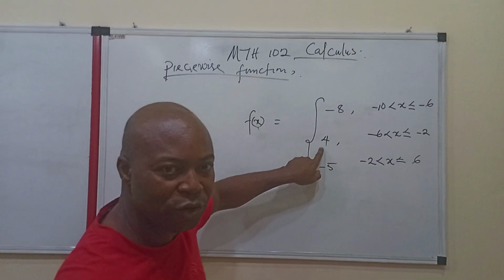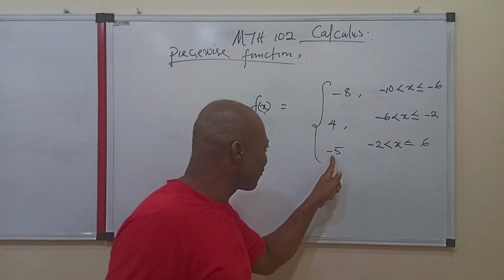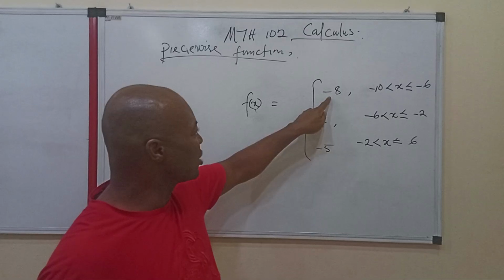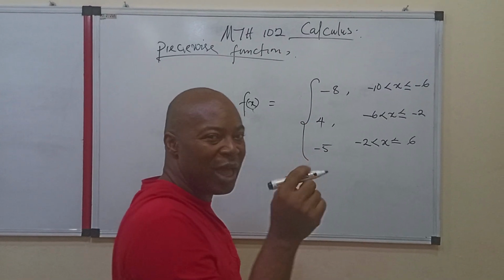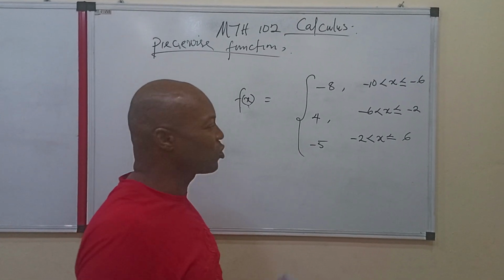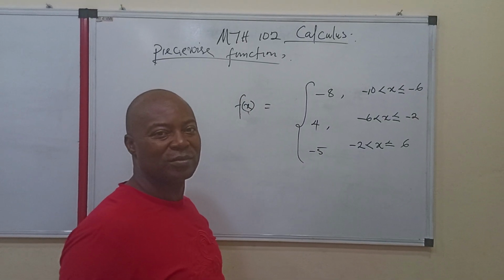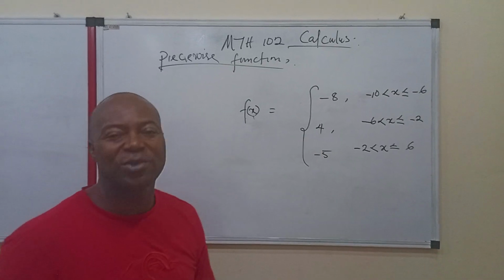This one sef na function, im get im own domain. This one sef get function and im get im own domain. So all these ones, you fit call small function. Function f1, function f2, function f3. All these ones na im make up this function. This type of function wey we get so, na im we dey call piecewise function.